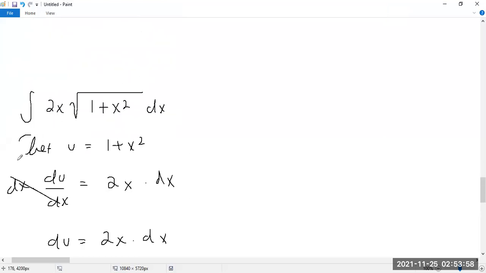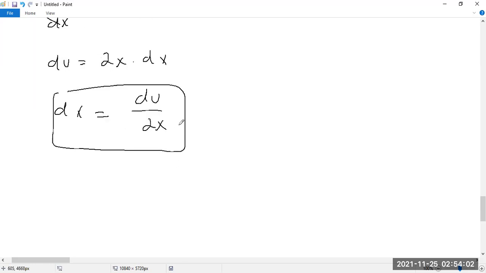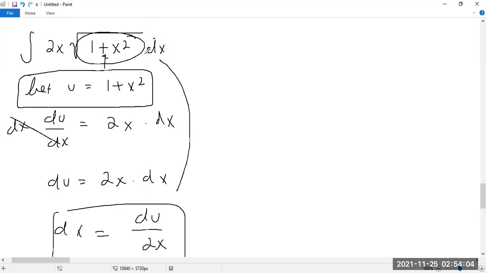So u will be this portion here, and I'll replace this portion here.